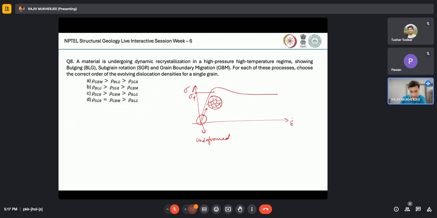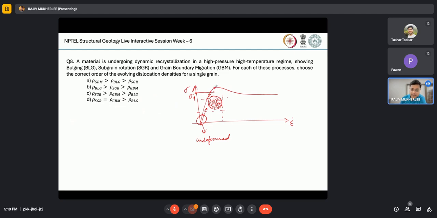So in this state of stress and state of strain, the material is actually accommodating dislocations. So dislocations are starting to build up. That means whenever we are talking about an increase in the stress, we are marking that the dislocation density is eventually increasing.